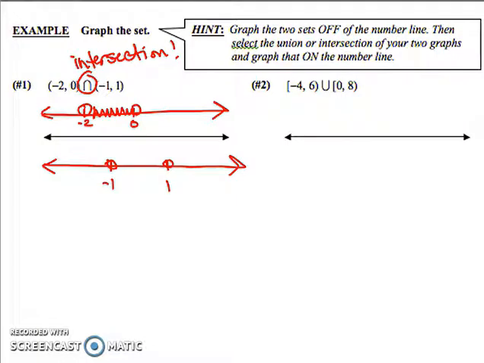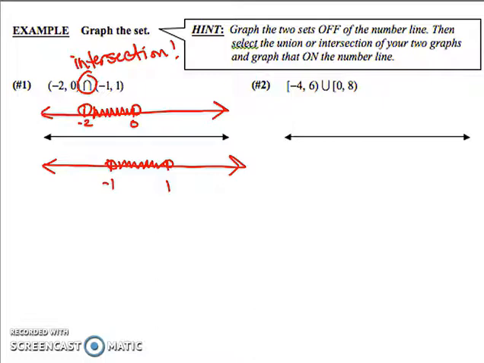Again, the intersection is what do the two sets have in common? So where's the overlap? That's what we're looking for. Well, the overlap looks like it's between -1 and 0. That's what both of them have in common.